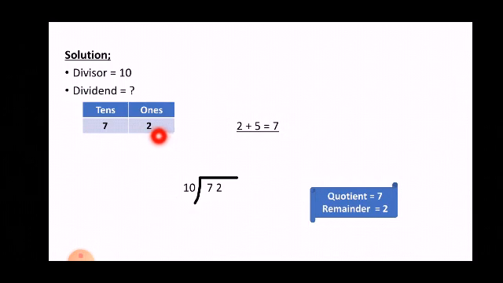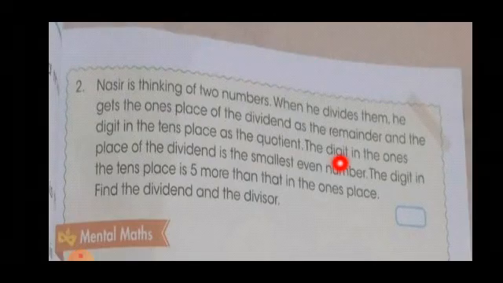Okay, so now we have found both the dividend and the divisor. Now we'll divide to check whether this is correct, that if we divide the two numbers, we get the ones place digit of the dividend as the remainder and the digit in the tens place as the quotient.